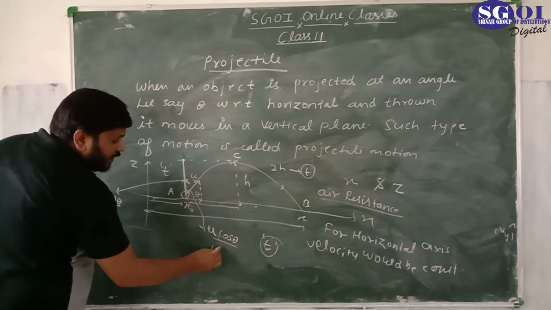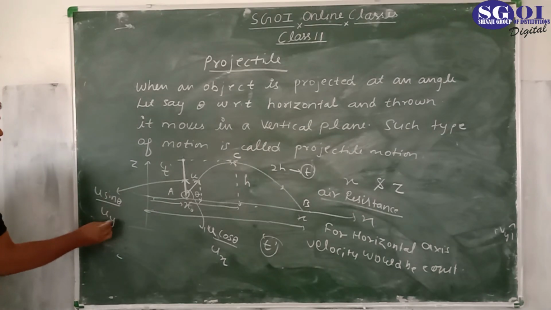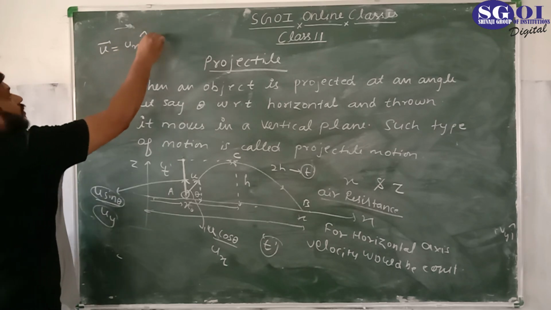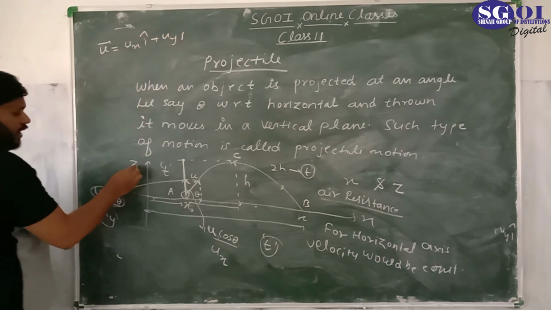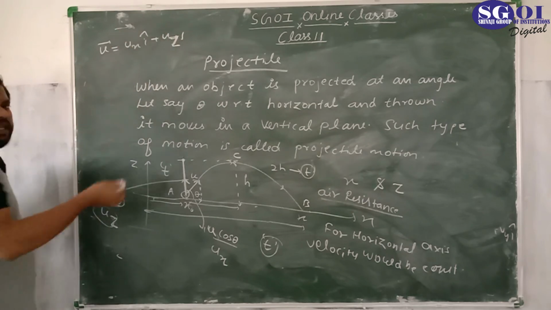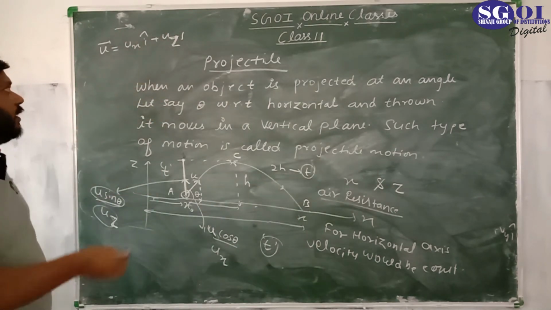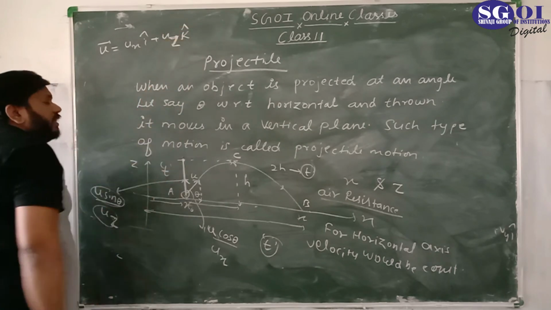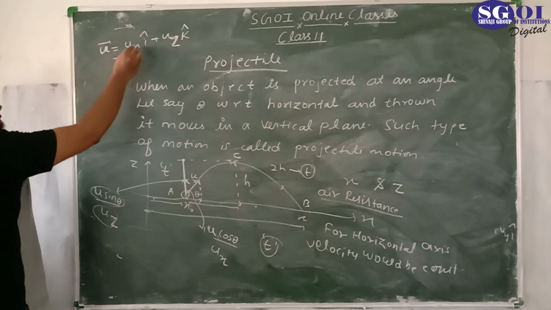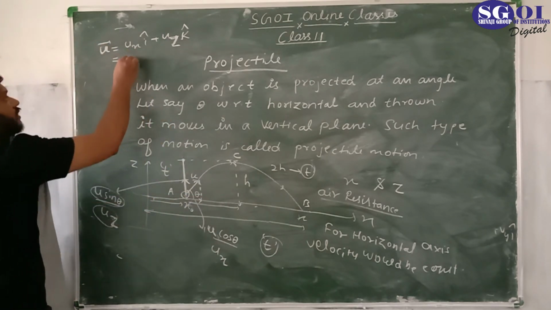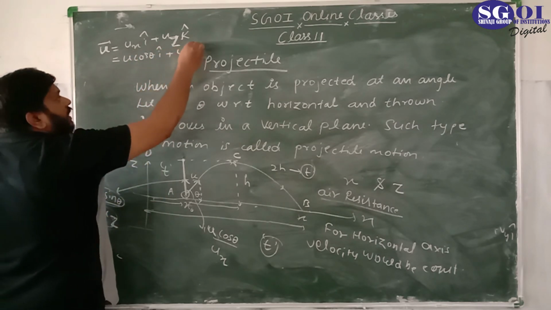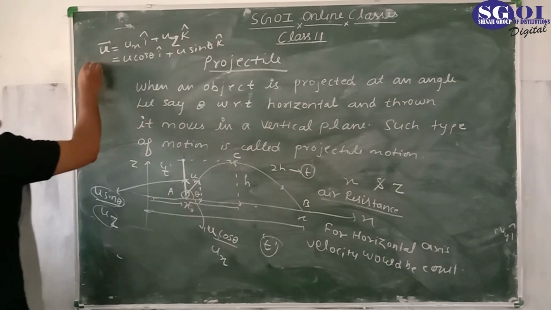We can say this is ux, the x component, and this is uy, the y component. So the u vector is ux i plus uy k, where for z it is the unit vector k. So this is i and this is k. We know that u is u cos theta i plus u sin theta k, and this is the u vector.